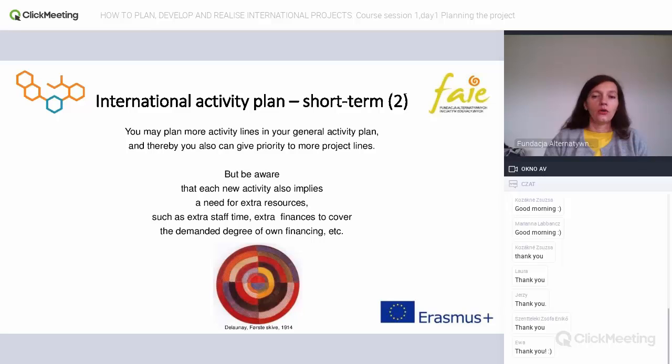You don't need to do all your work internationally, but it's worth to be aware that each new activity implies a need for extra resources, especially the staff time, but also extra finances. You can get the finances, but it requires time and work. And sometimes own finances need to be involved as well. So there is an opportunity, but there is a challenge, but I expect you are all aware of that.